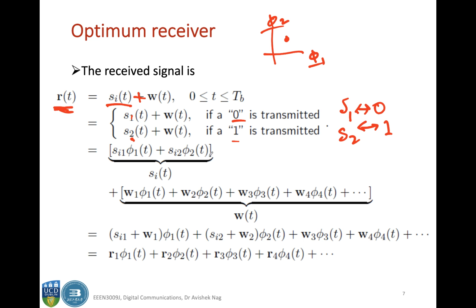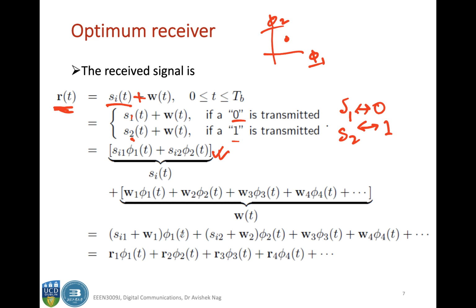Now your s_i(t) is written like this, and your w(t) can be written, as you saw in the previous slides, as a superposition of all these phi_i's. So you can write w(t) as w1 phi1(t) plus w2 phi2(t) plus w3 phi3(t) and so on.